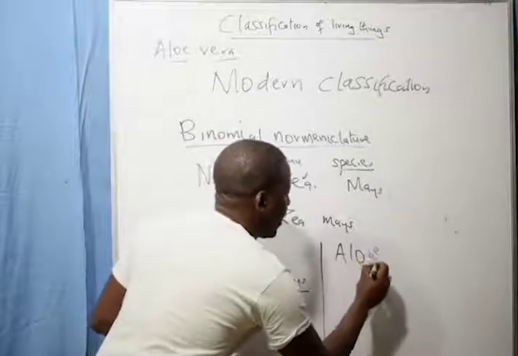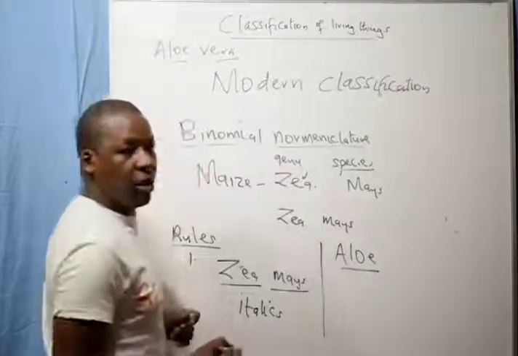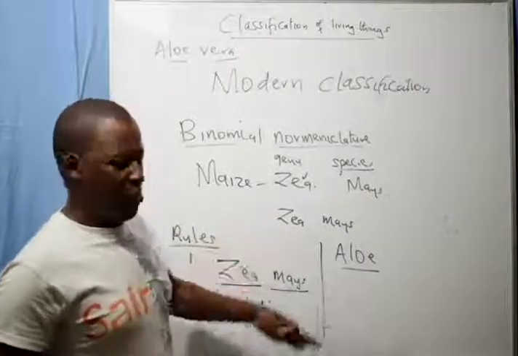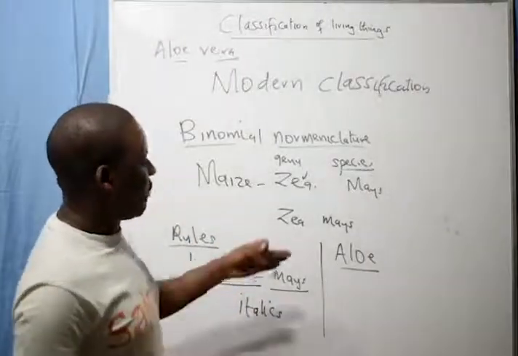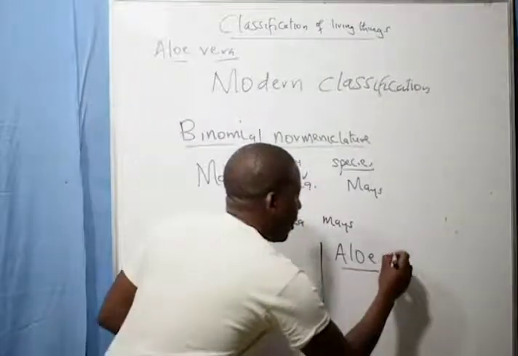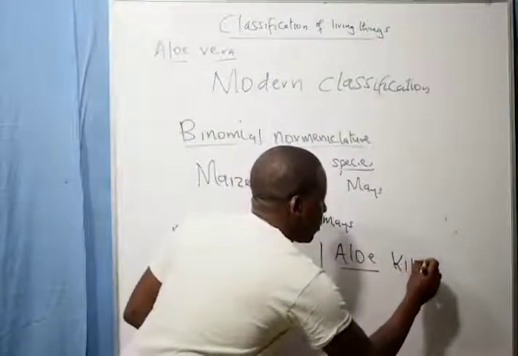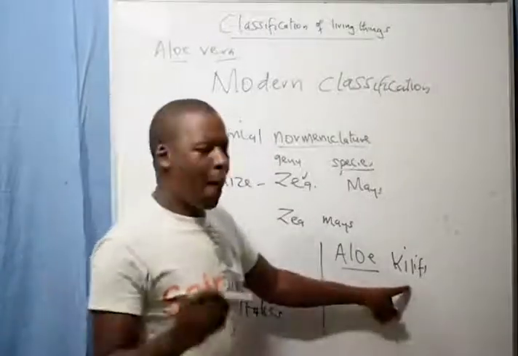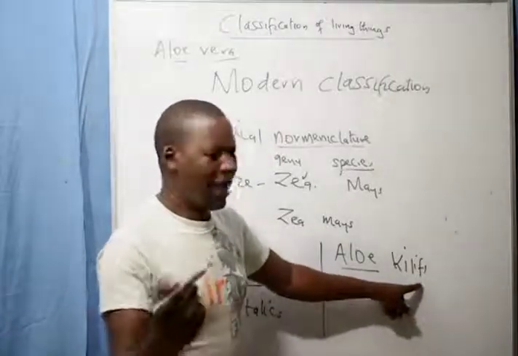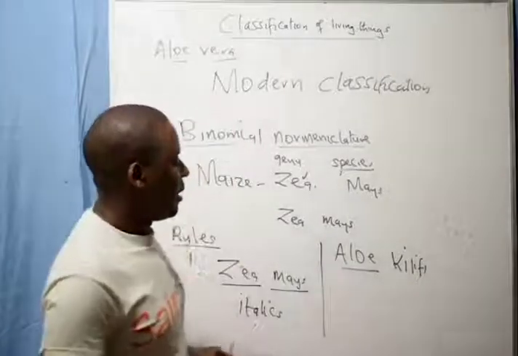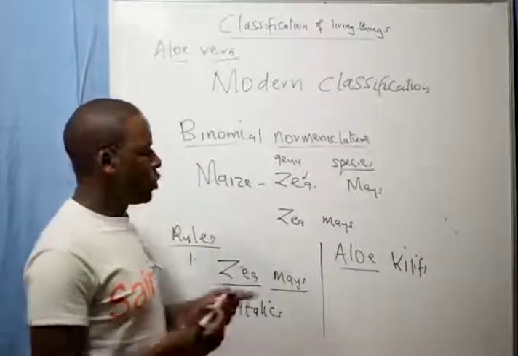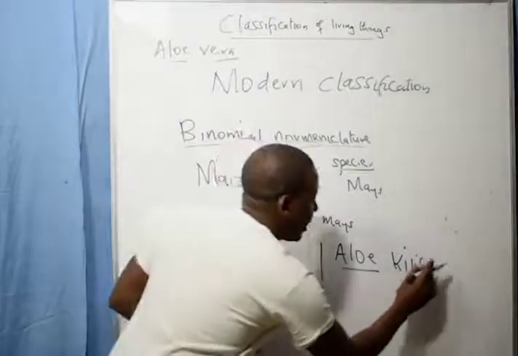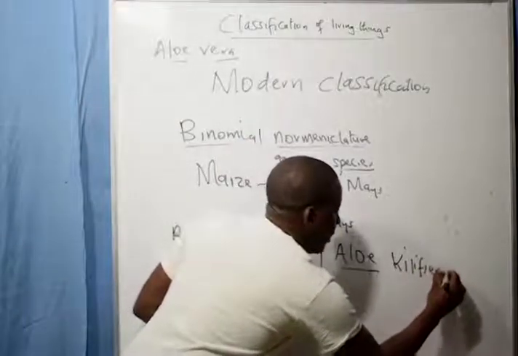So it was given genus Aloe. But they didn't have its Latin name. Because it was discovered in Kilifi, to honor the place they discovered, they used the word Kilifi. But Kilifi does not sound Latin. What you do, we Latinize the name by adding E-N-S-I-S.